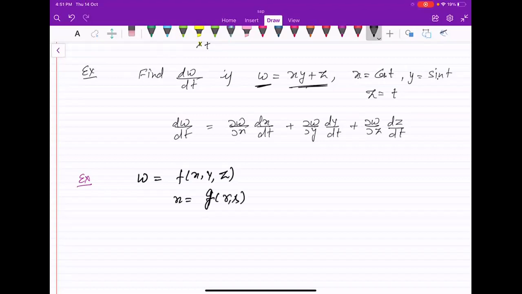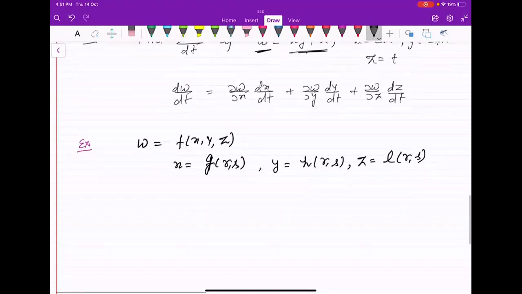So now x is not the function of one variable. X is also a function of two independent variables. Y is a function of h of r, s, and z is a function of maybe l of r, s. So how to compute now?